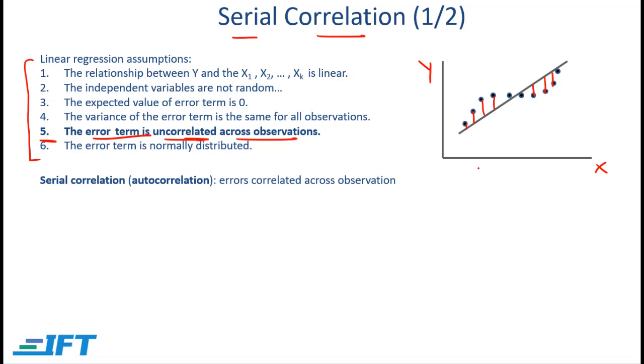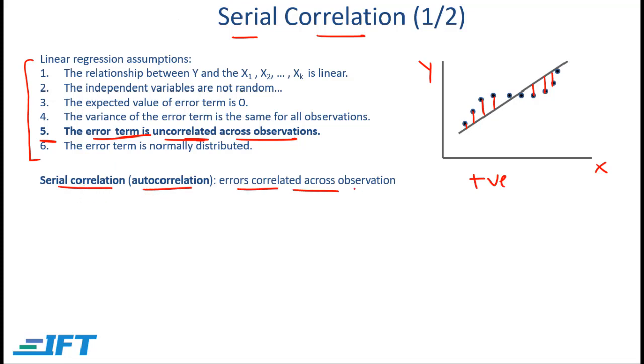And this sort of a situation is called positive serial correlation. And where each error term is correlated with the previous error term, then this is called first order positive serial correlation.